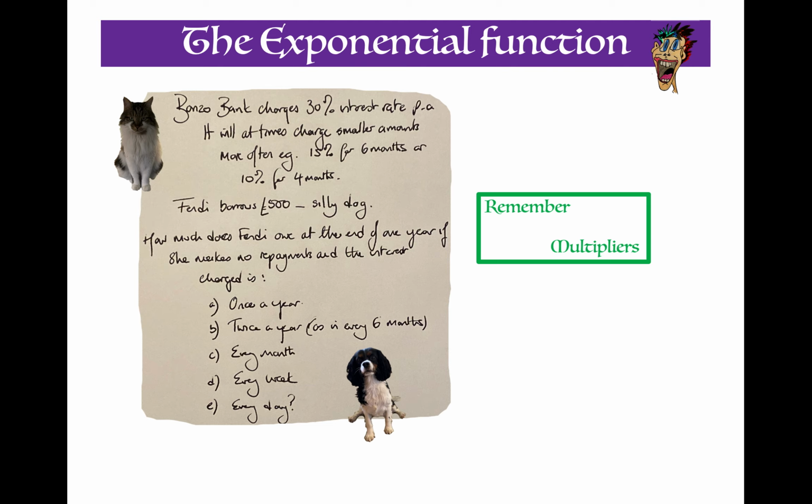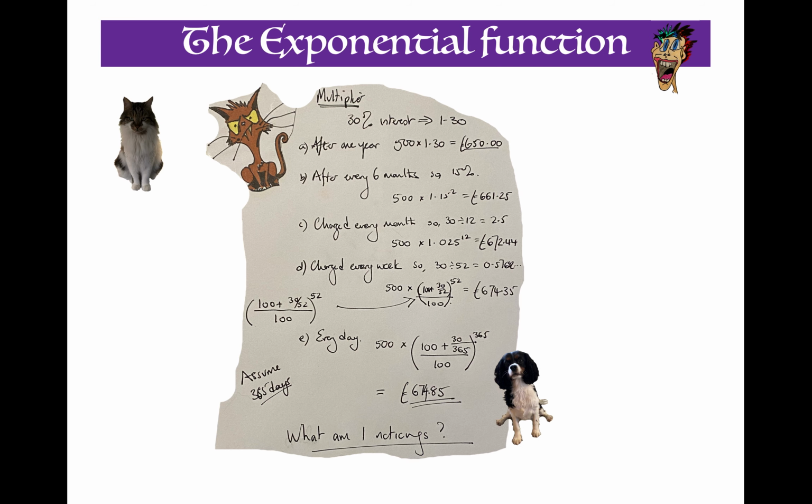If the interest rate is charged biannually, twice a year, how much does she owe after 1 year, etc. Key to this, 2 things: we need to remember that it's all about multipliers, and we must make sure our units are correct. So just a few things we can sometimes slip up on.